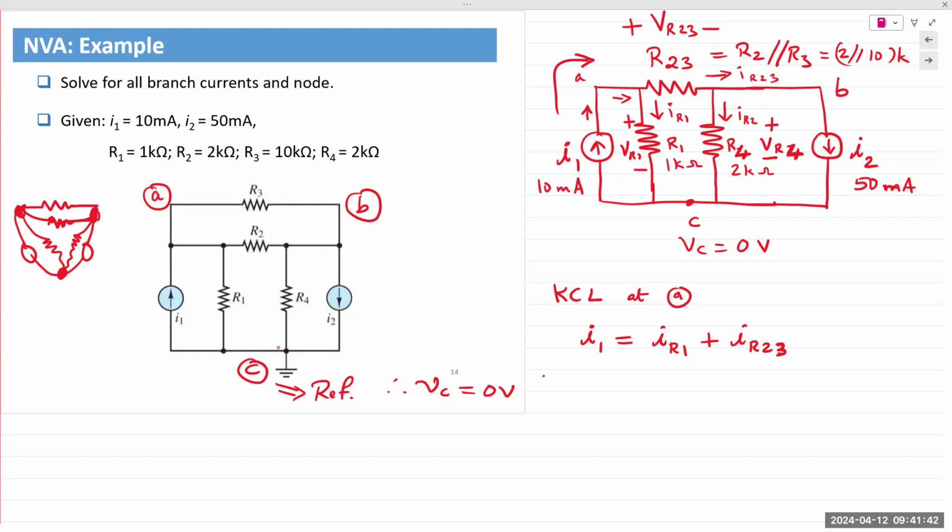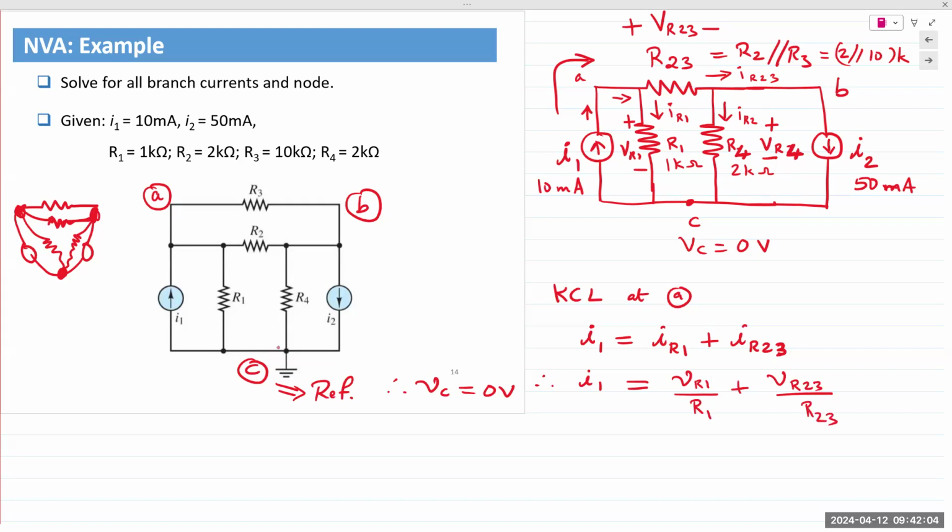Then you apply Ohm's law. I1 is the current source. We have a value for this, so we leave it as it is. IR1 is VR1 divided by R1. And here this is VR23 divided by R23.